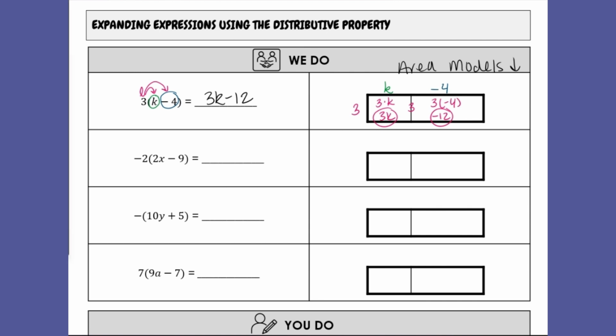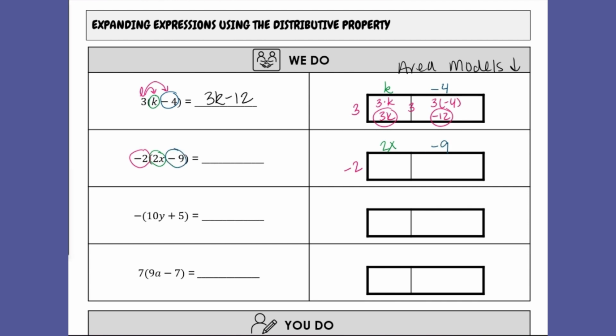So again, let's look at the next example. -2 is my length. My first width is, I'll use green to stay consistent, 2x. And then my second width would be -9, always keeping the sign with the term.